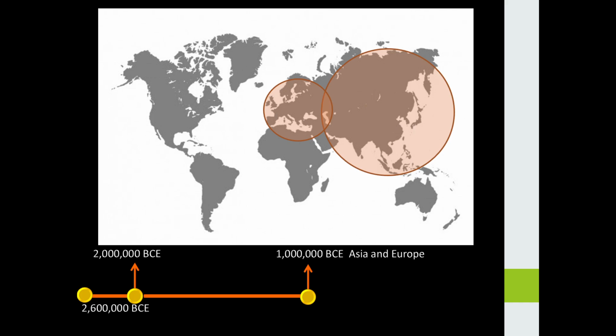Now, as we move forward into time, this is, what, 1 million years, right? So as we move a whole million years' worth of time, we have humanoids now living in the area of Europe and Asia, so Eurasia.